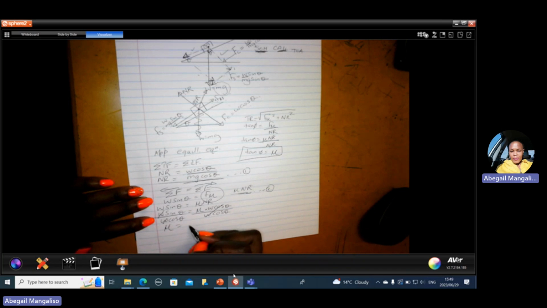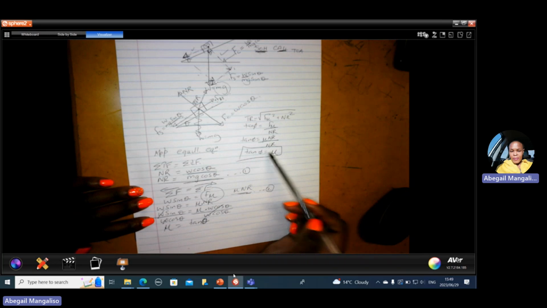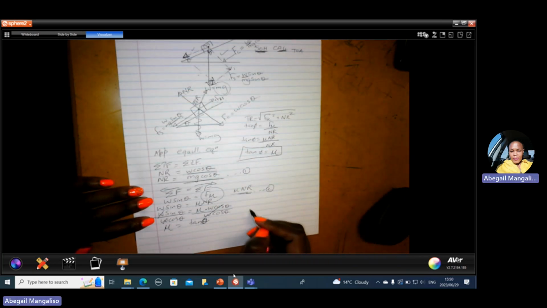The W cancels W, and sine over cos in maths is given as tan of theta. Remember, this theta is the angle of slope, but this phi here is the angle of friction. So if you are given mu of 0.4, it means these two angles will be equal, because when you substitute mu, you get the same angle.